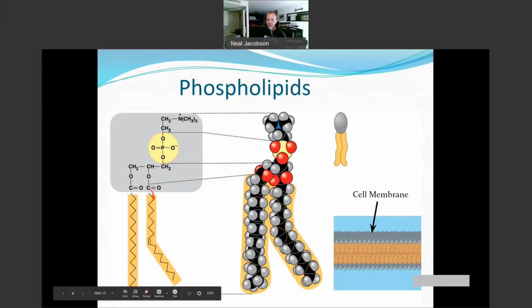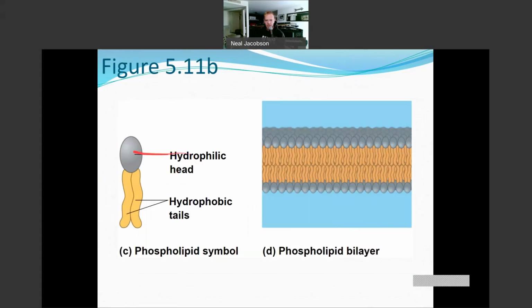But if you have two sets of them, the two sets of fatty acid tails will dissolve into each other. And then what sticks out into solution, both into the inside and outside of the cell, are these polar phosphate heads. Water is polar, and this phosphate group is a polar bond. And so there's a hydrophilic end where the phosphate group is, and a hydrophobic tail.